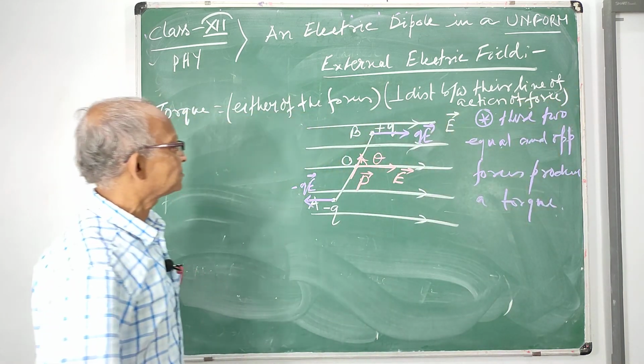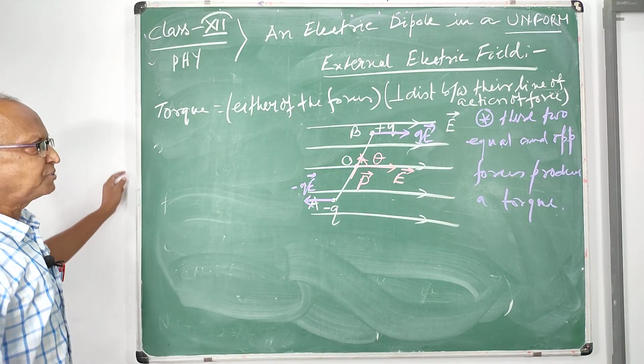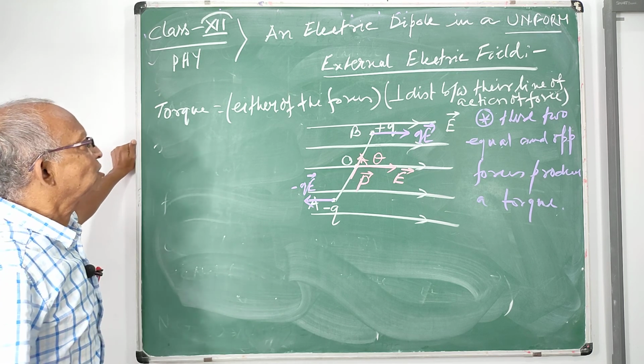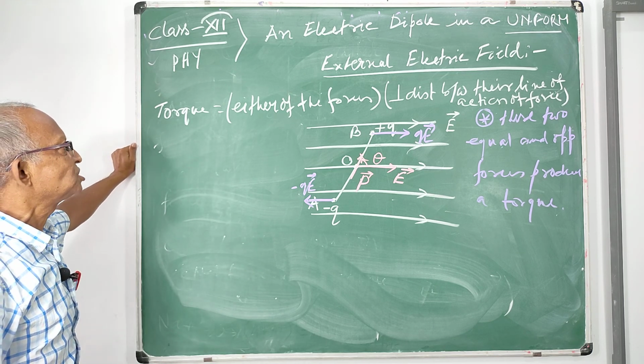You can also find this by r cross E, but we are doing it in the simplest, easiest way.